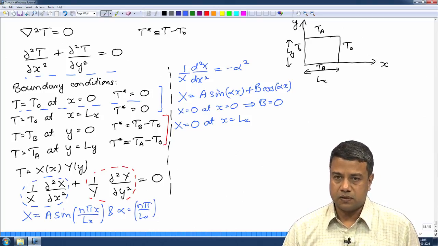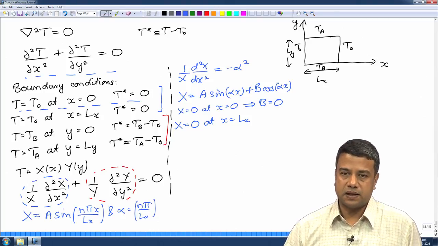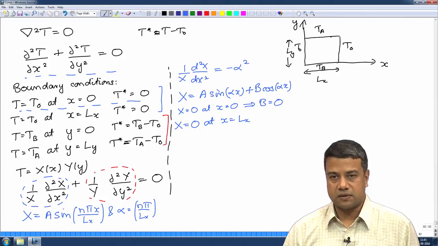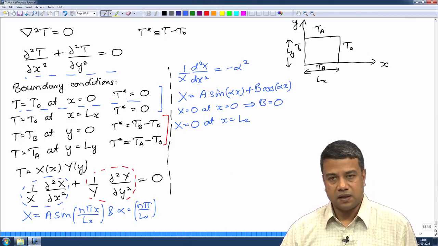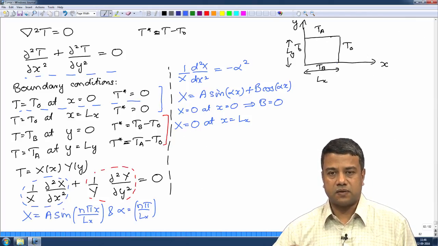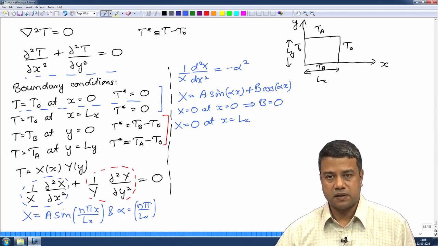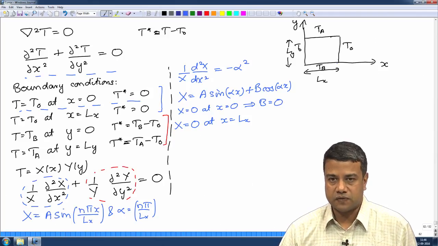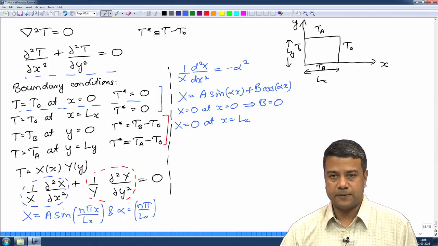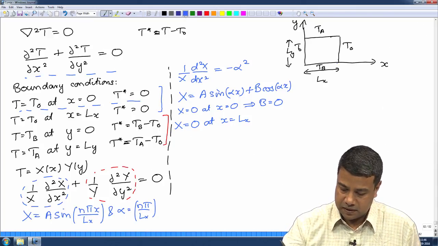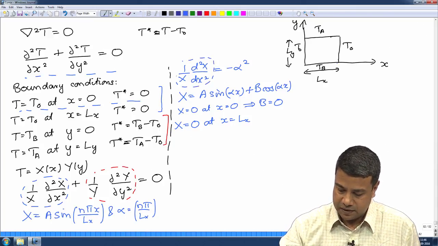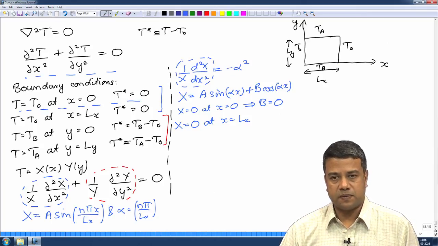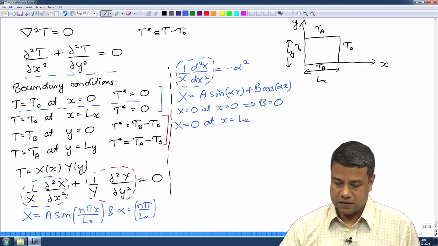As I told you earlier, these eigenfunctions, the sine functions, are the natural solutions in a Cartesian coordinate system. They satisfy the boundary conditions of 0 temperature or 0 concentration on 2 fixed surfaces. So, they are the natural basis set which can be used for expanding these functions. And since the operator, the diffusion operator, is a second derivative, you will always get these sine functions as solutions.